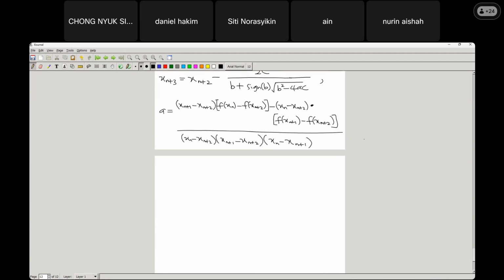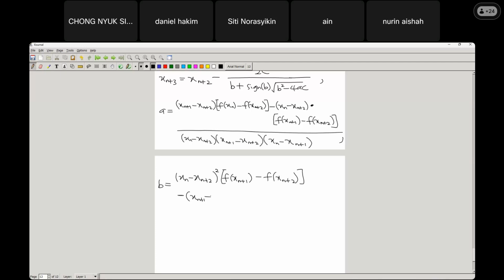Next, I will go for B. So your B is equal to, B also is a very long one. So we have xn minus xn plus 2 squared times f(xn plus 1) minus f(xn plus 2). And then minus, I'll write at the next line, minus xn minus xn plus 2 squared. I'm sorry guys, I do not have enough space and it is very difficult for me to write small; I'm afraid some of you may not see clearly.